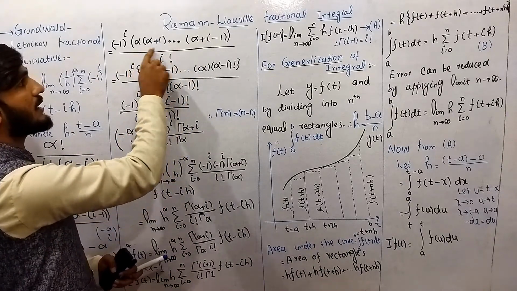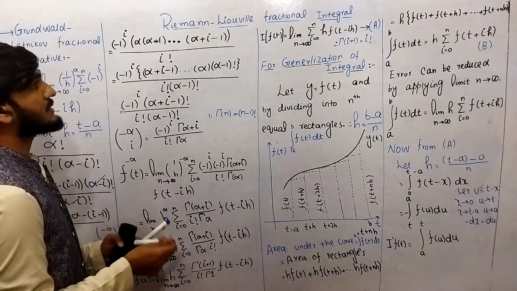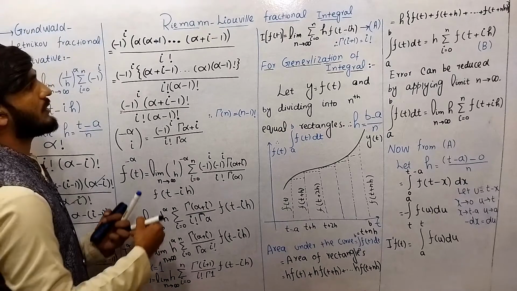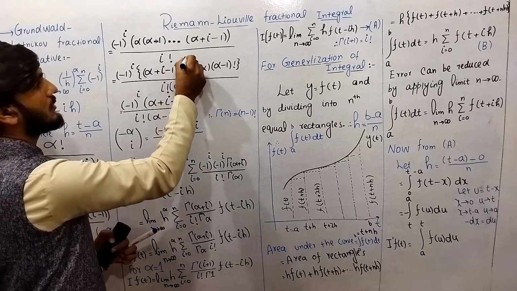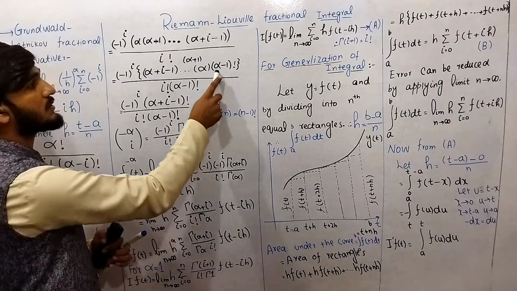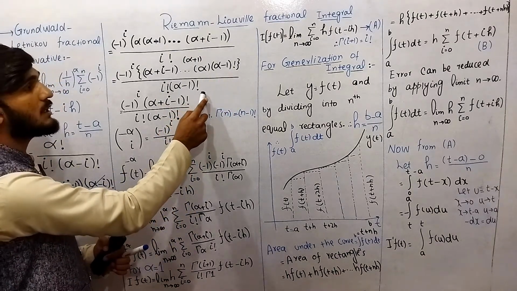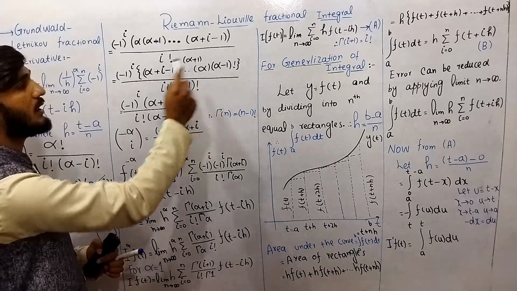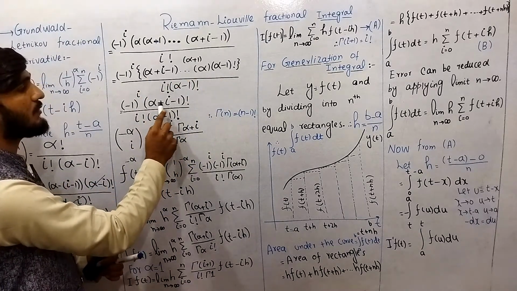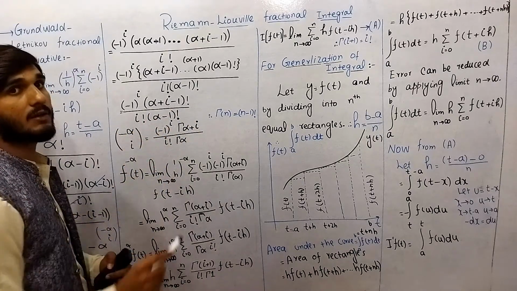So it's alpha and alpha plus 1, up to alpha plus i minus 1. If I divide and multiply by alpha minus 1 factorial, the whole expression will be alpha plus i minus 1 factorial over i factorial into alpha minus 1 factorial.